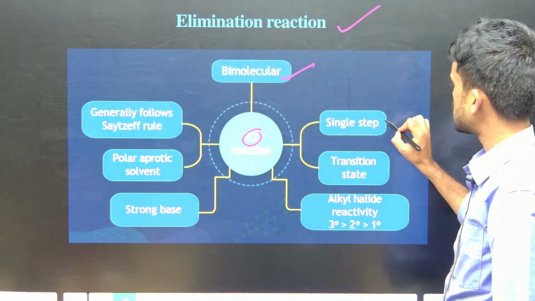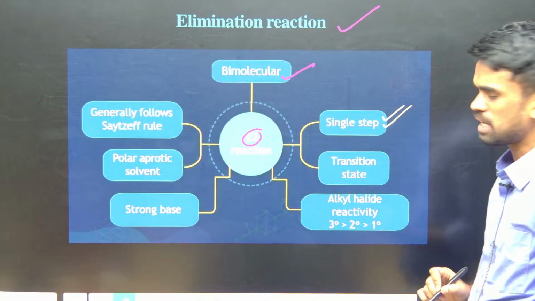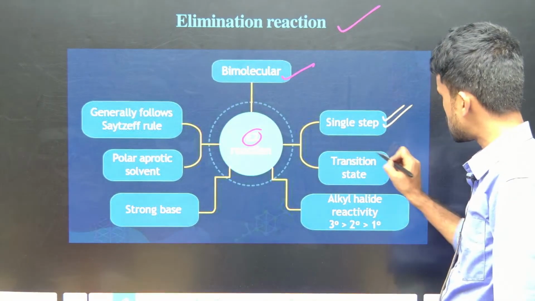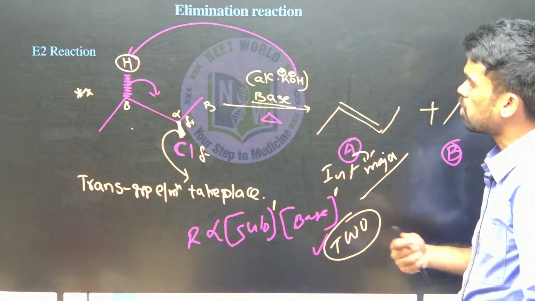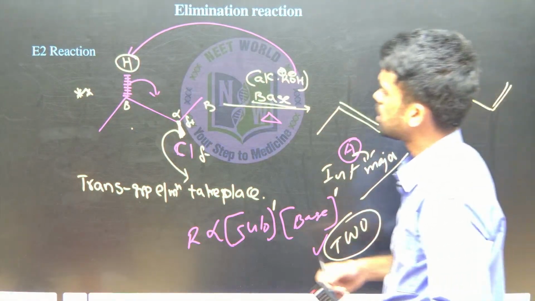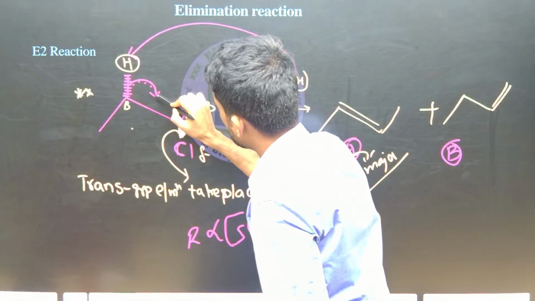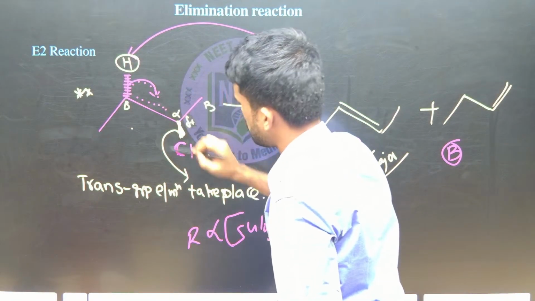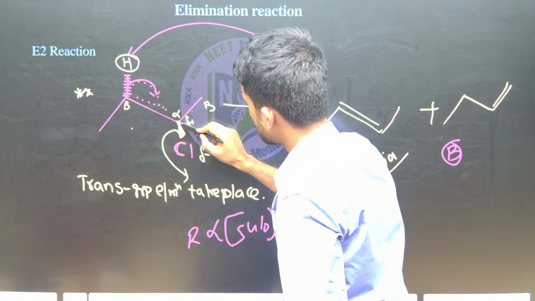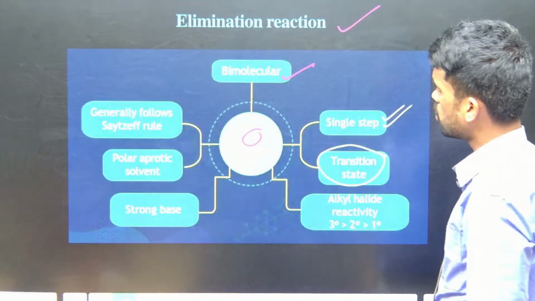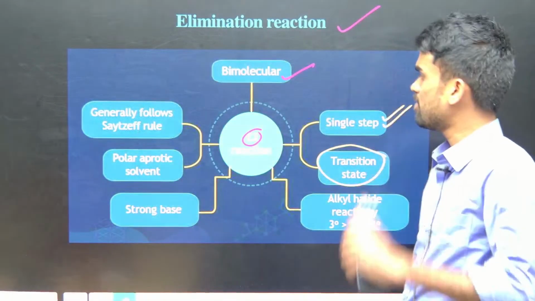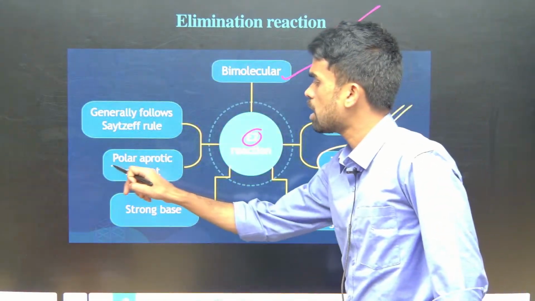Now, is it a single step or multiple steps? It's a single step. It means we see only a transition state, with no carbocation formation. How will this transition state look? These electrons are coming here, so you get a partial double bond character while this group is going out. Whereas E1 elimination is favored by polar protic solvent.